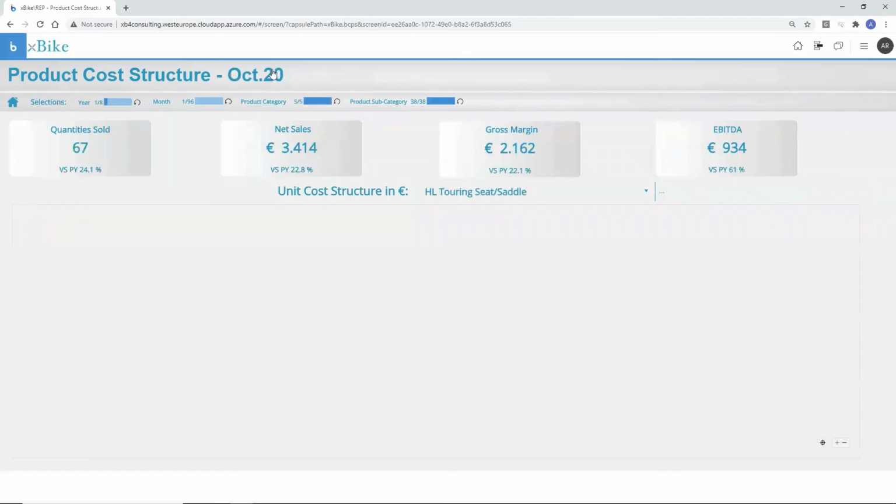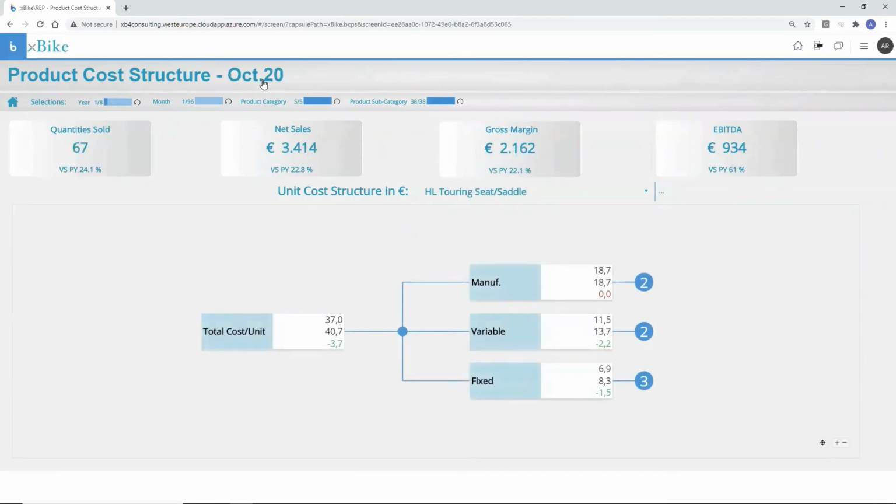Again, for the same period, October 20, I find back my KPIs that I had also in my P&L: the quantities, the net sales, the gross margin, and the EBITDA for this specific product. I see also at the bottom the variance versus the previous year for the quantities, net sales, gross margin, and EBITDA.